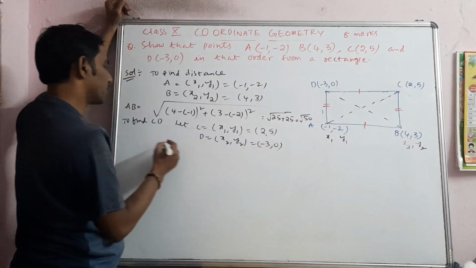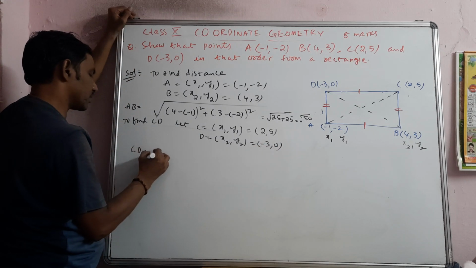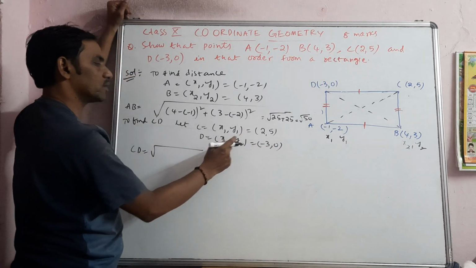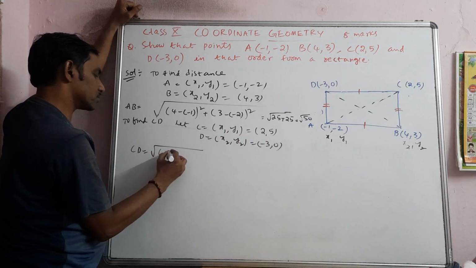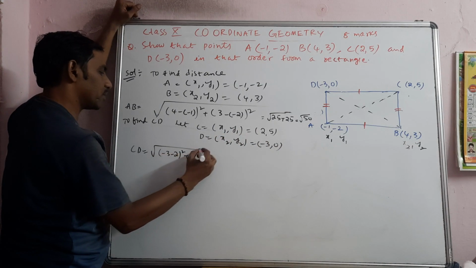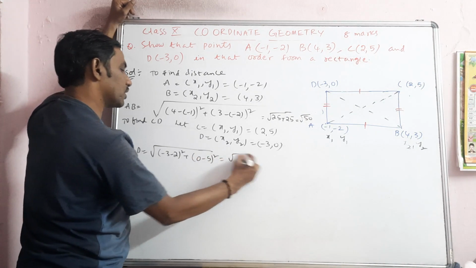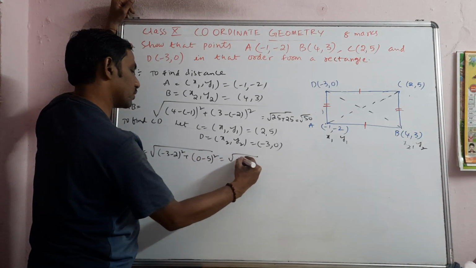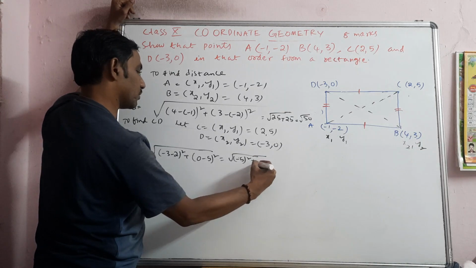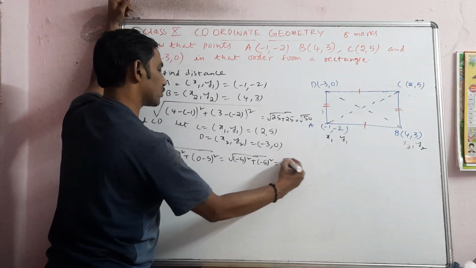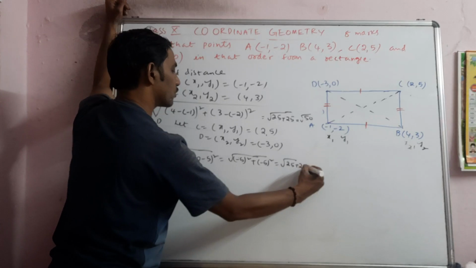Now CD is equal to root of x2 minus x1, which is minus 3 minus 2 whole square, plus y2 minus y1, 0 minus 5 whole square. So you will get minus 5 whole square plus minus 5 whole square. So root of 25 plus 25 will be root 50.